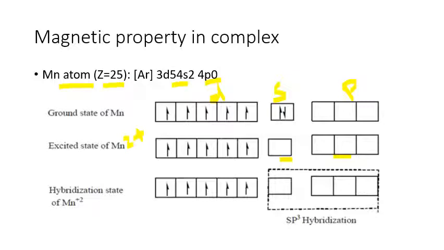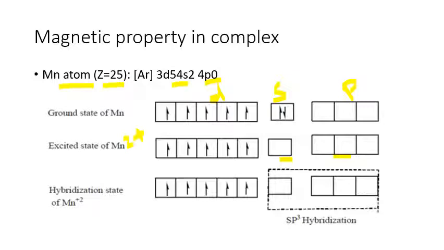No effect is found when a weaker ligand approaches the central metal ion. But if a strong ligand approaches, the electrons adjust themselves to have some effect.